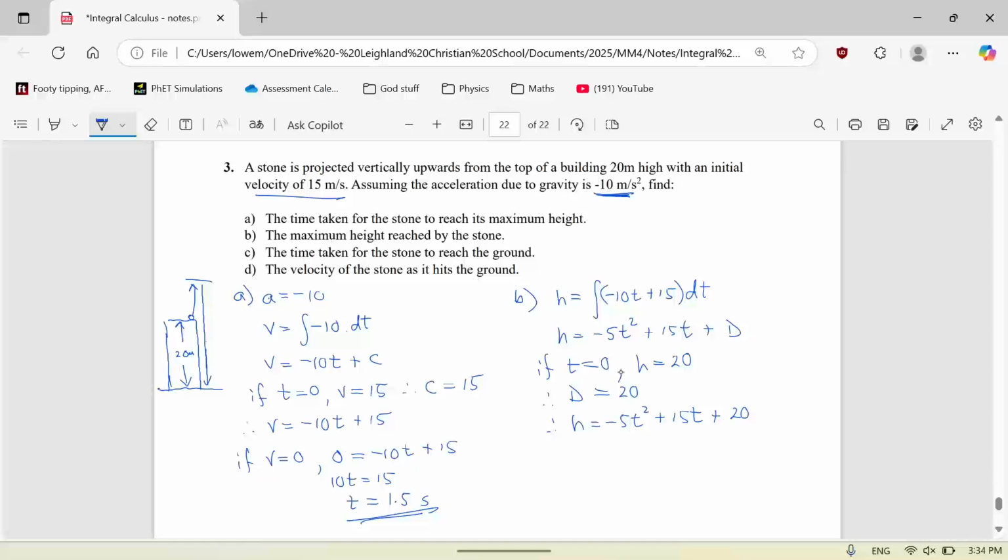So then what are we wanting to find? The maximum height reached by the stone. We know the maximum height occurs when t equals 1.5 seconds.